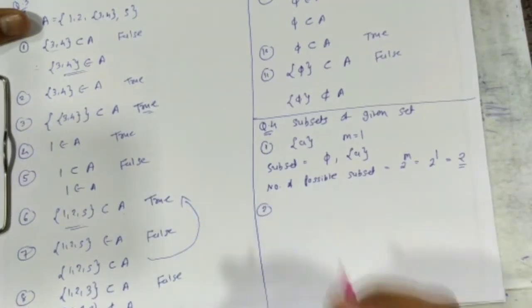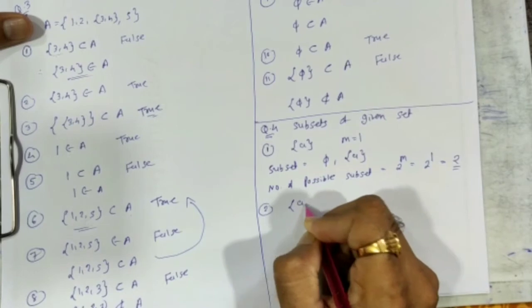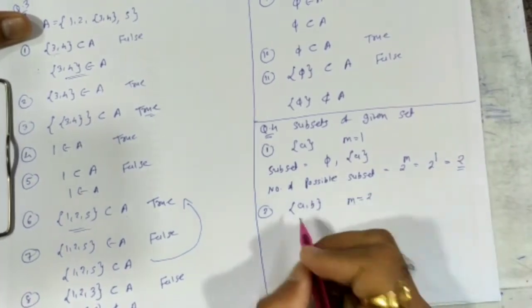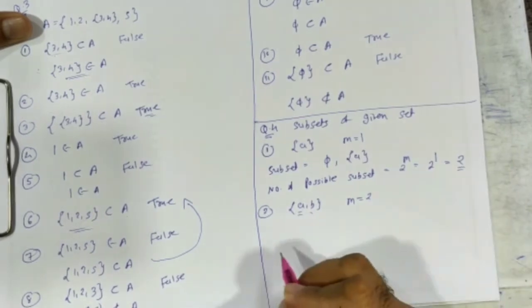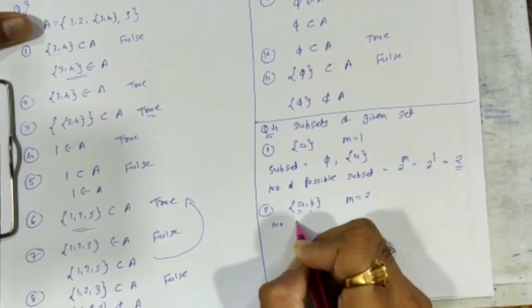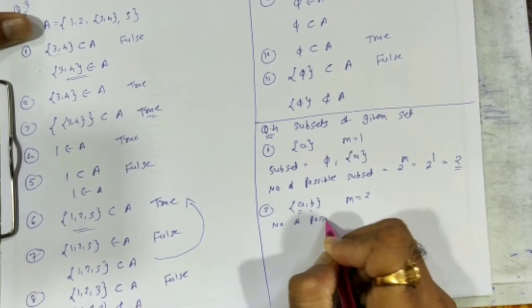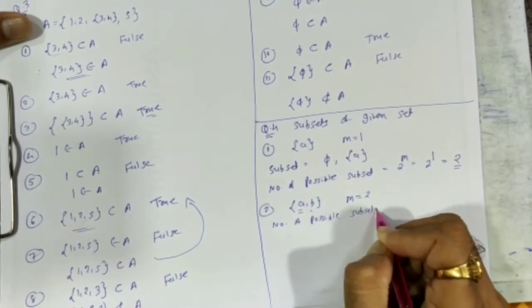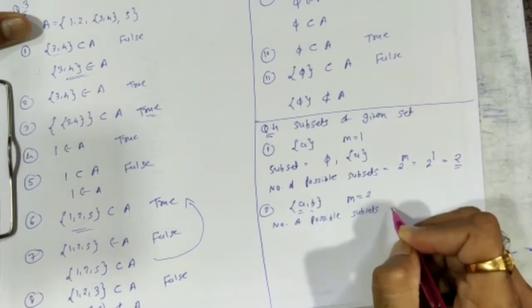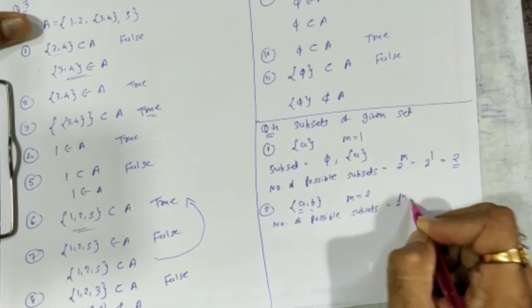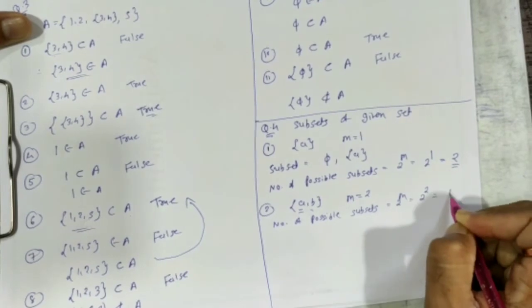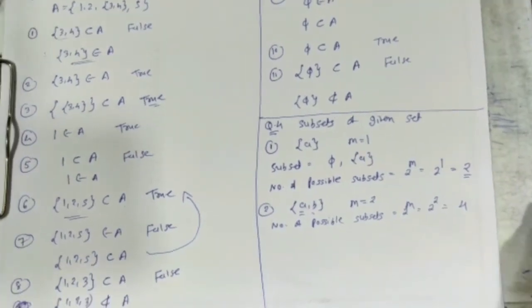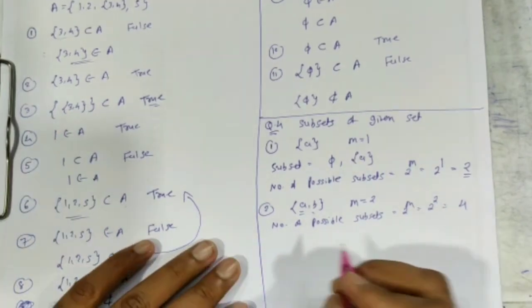Number 2. Suppose we are given set A, B. So here number of elements in a set are 2, A and B. So number of possible subsets are 2 raised to m equal to 2 raised to 2. So total 4 possible subsets are there. That means you have to make the list of 4 sets.